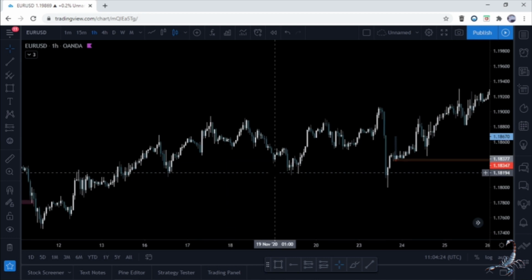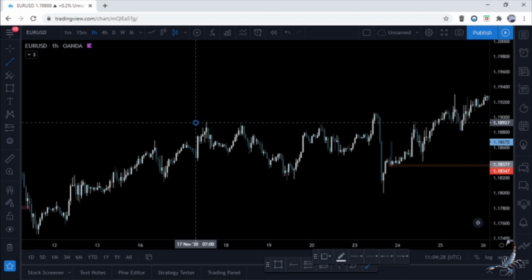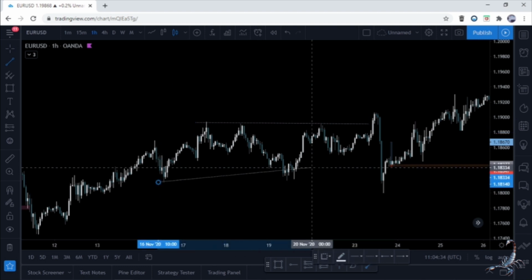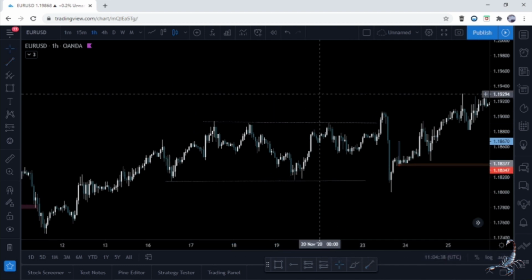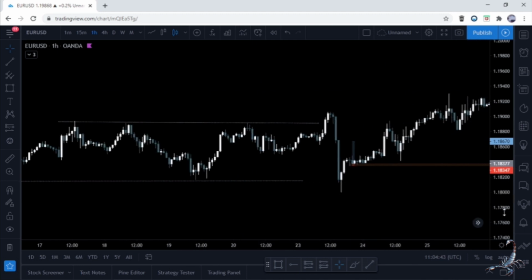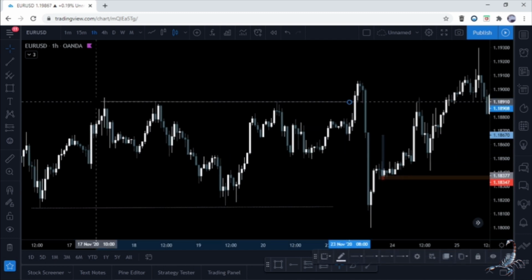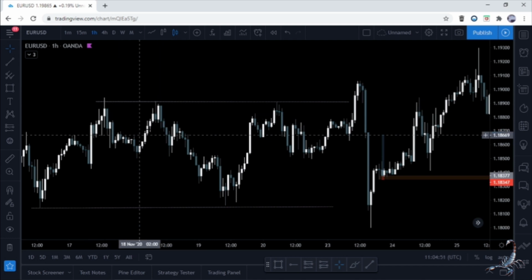And then here's the prime example that I identified. So here is a very clear resistance level, and here's a very clear support level. And what does price do? You'll notice that price tests this level multiple times, and it actually works a few times.